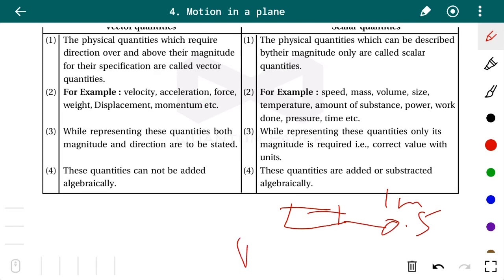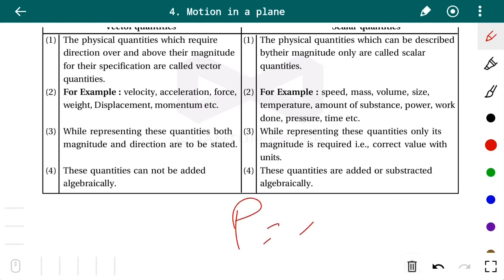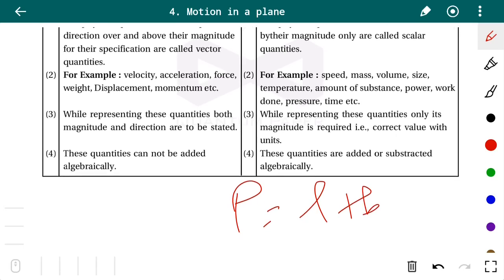Then we can find its perimeter, right? That is perimeter is equal to length plus breadth, right? Then we can add up this length and breadth algebraically, because perimeter is also a scalar quantity. So scalar quantities can be added or subtracted algebraically.